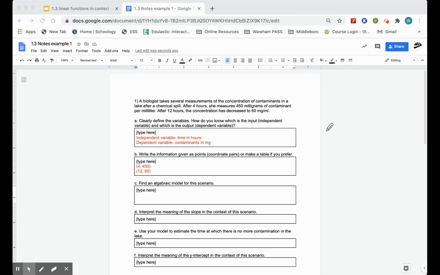So remember, m equals change in y over our change in x. So we have 450 minus 60 divided by 4 minus 12.